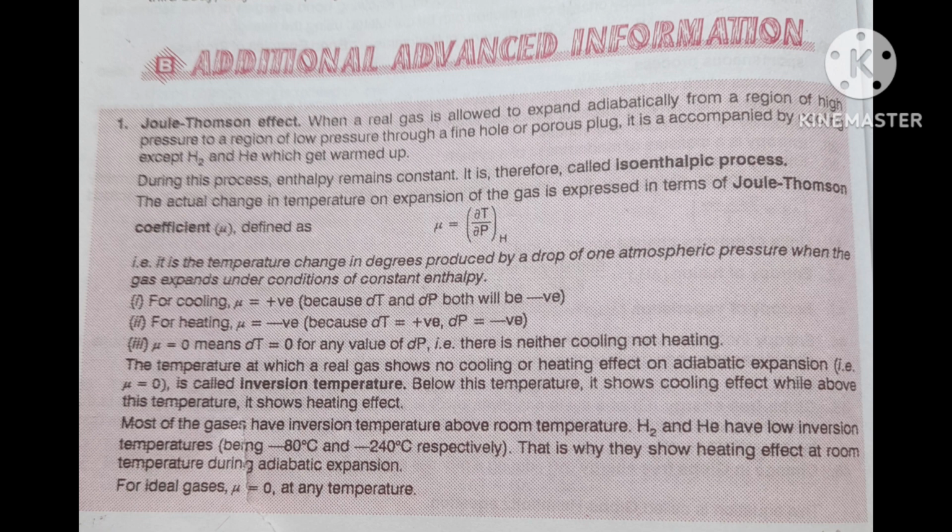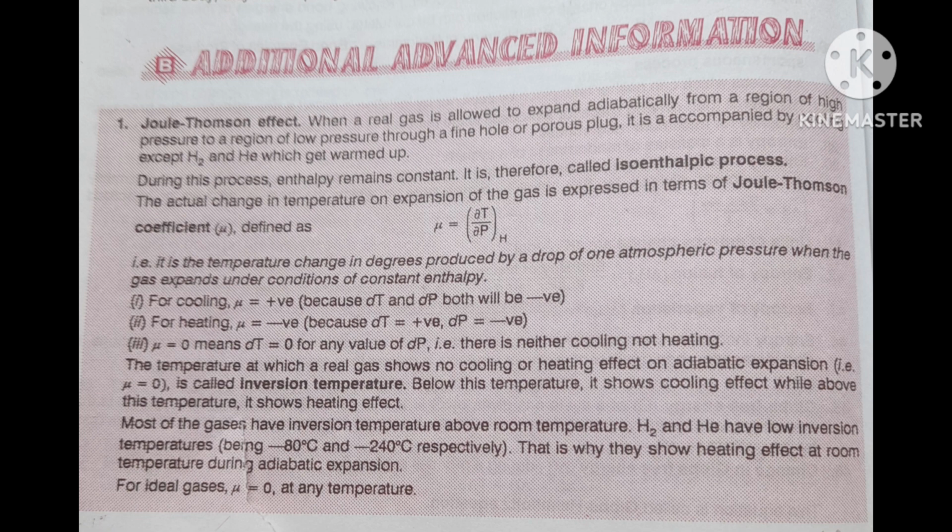Now further I am telling you about the value of mu. Mu has 3 values. First, for cooling, mu will be positive. Why? Because delta T and delta P both will be negative.